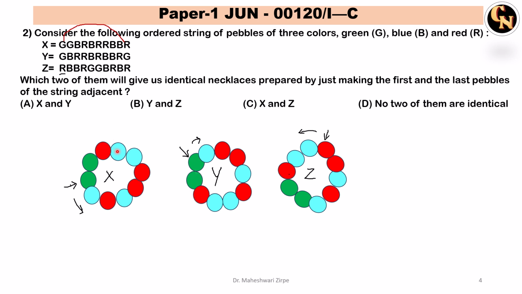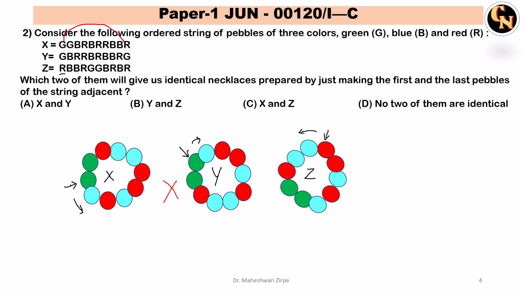After red there are two blues. Yes, there are two blues. But after the blues, here there is a red, only one red, whereas here after two blue there are two red. Means this is not the correct one, correct? So let me rub. X and Y are not identical, correct?